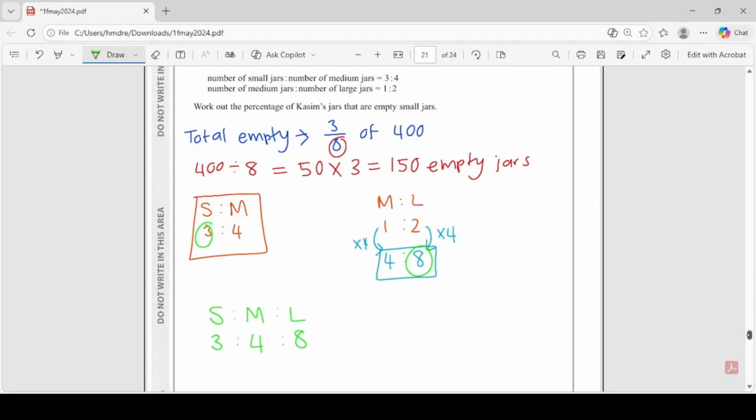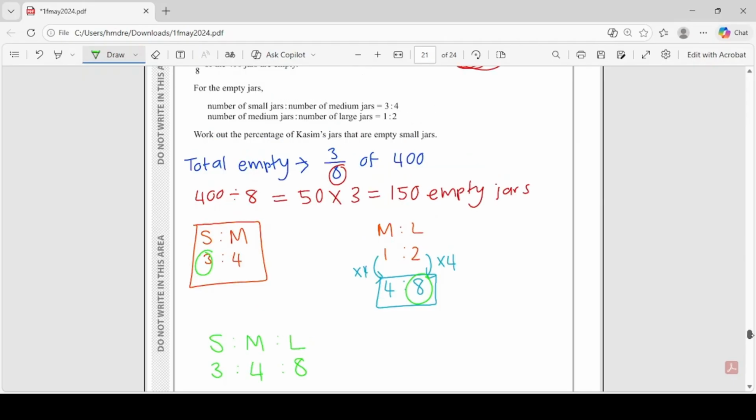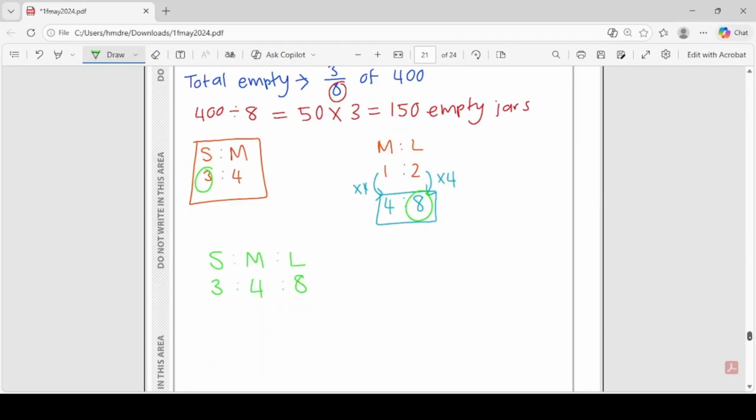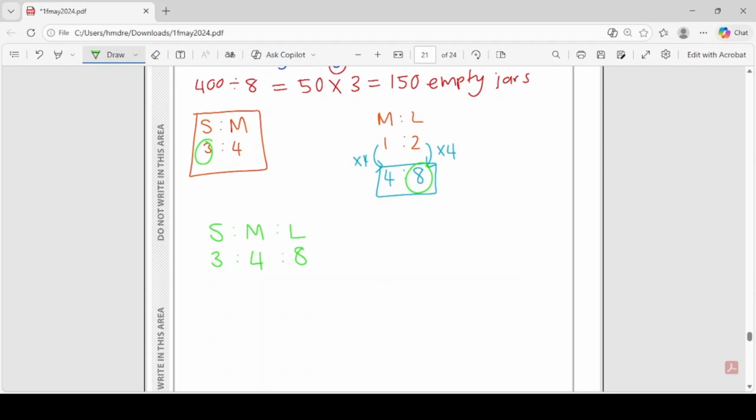What we are trying to work out is how many small jars there are that are empty. So we know in total, these parts add up to 150 empty jars. We want to work out just how many small jars there are. So this is a total, so I'm going to divide by the total number of parts.